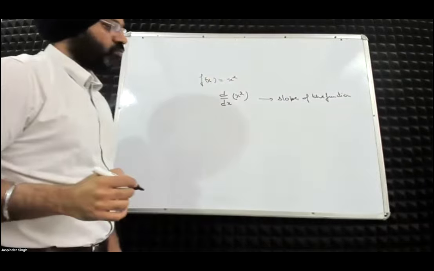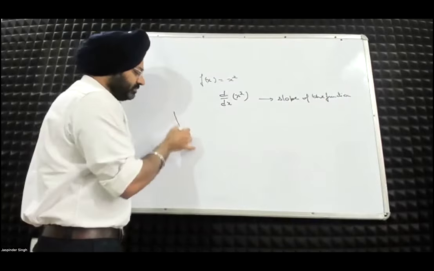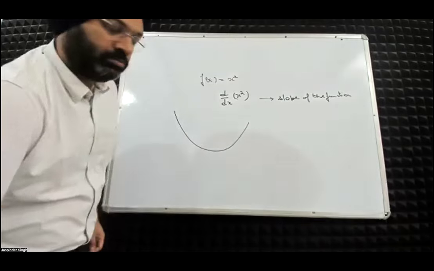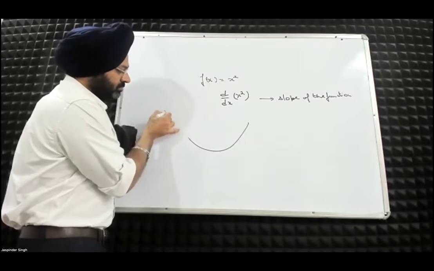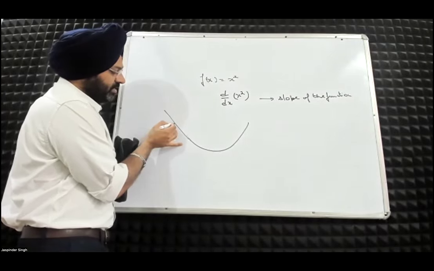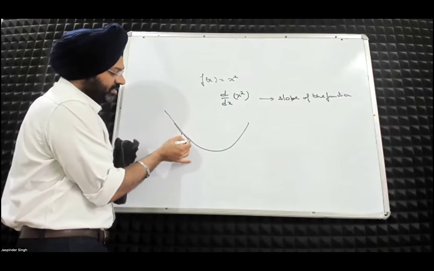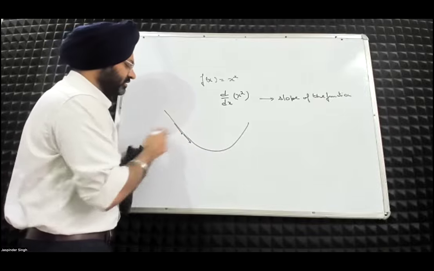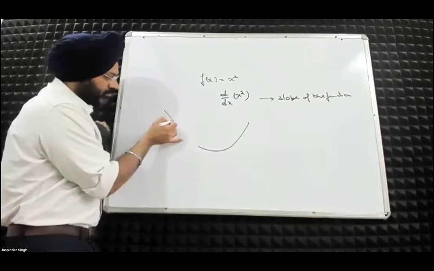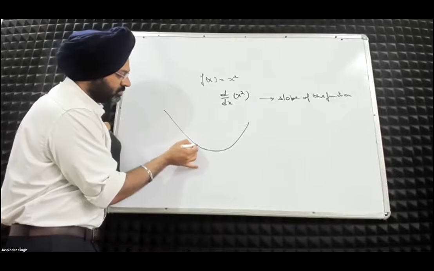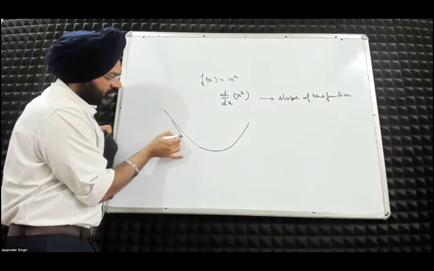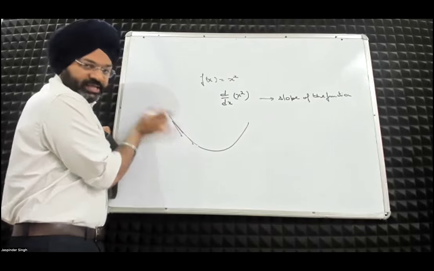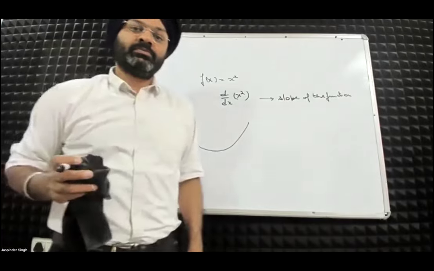If I have a function like this, at any particular point, if I am considering this and this another one, then this slope is represented by the first order differentiation.